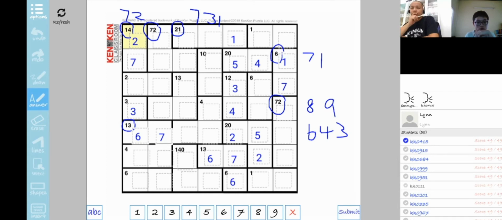And then there is left a 2 and a 5 at the last column. But since there's a 2 here, so it can only be 5 here. And there's a 4 here, so it can only be 6. Then a 2 at the bottom.